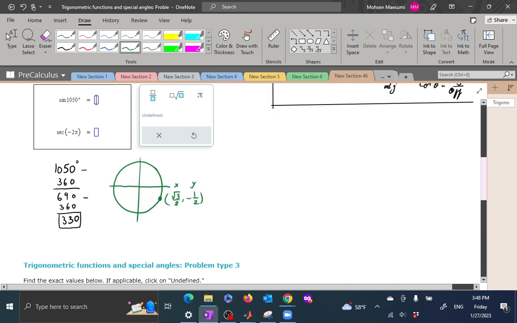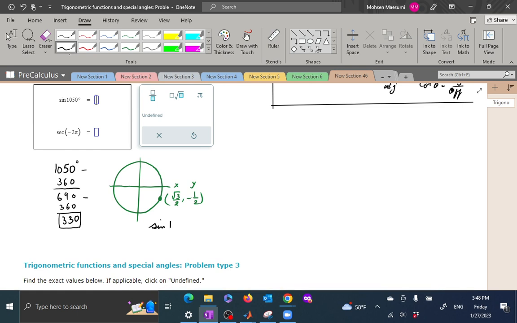If I want sine of 1050, first of all, it's the same as sine of 330. When you go around the circle, every 360 degrees you come back to where you were, and the sine is just the y value, minus 1/2. That is where I'm getting this from.